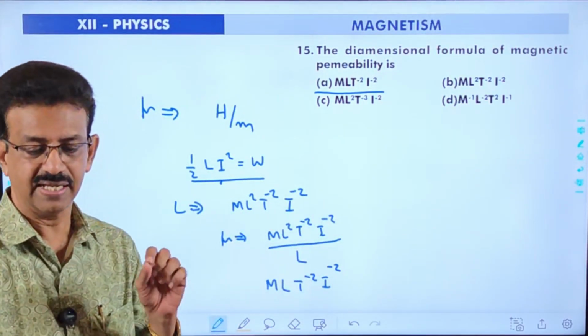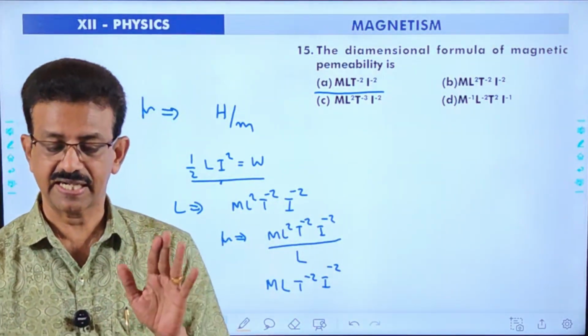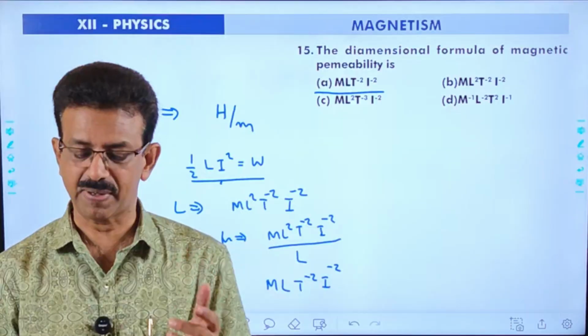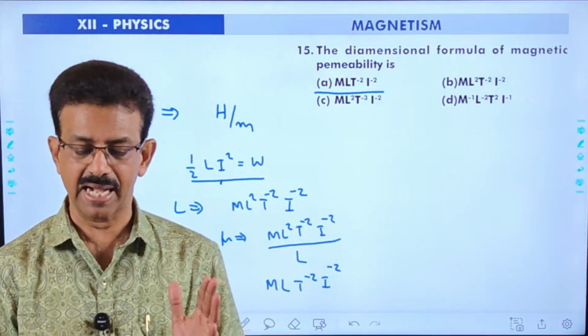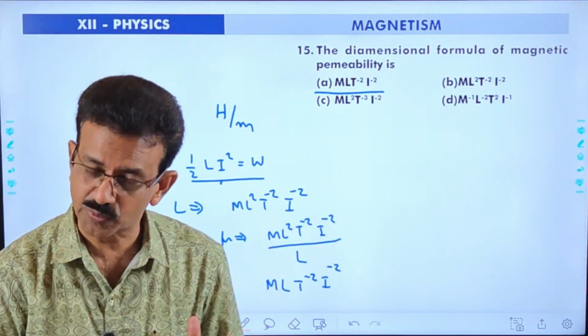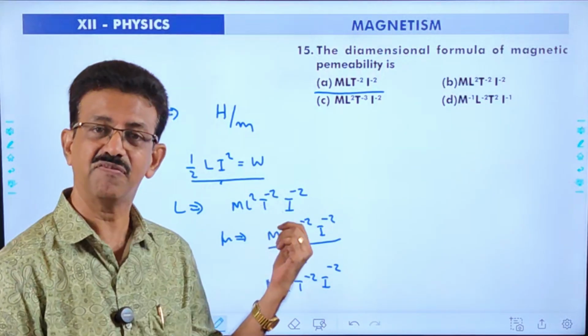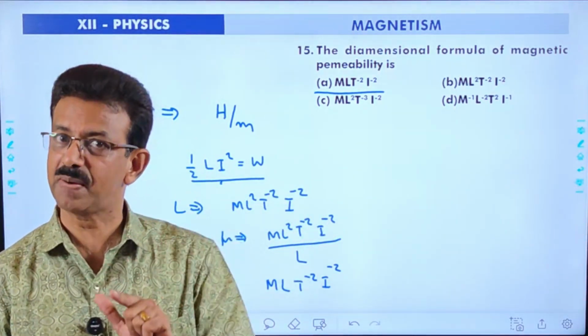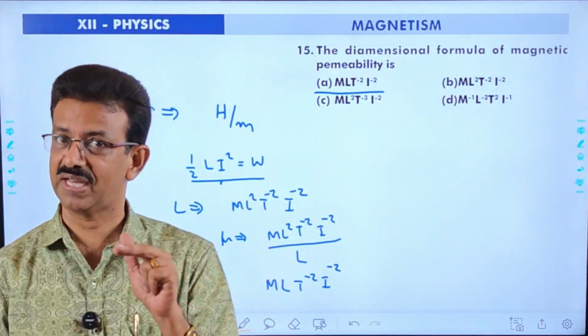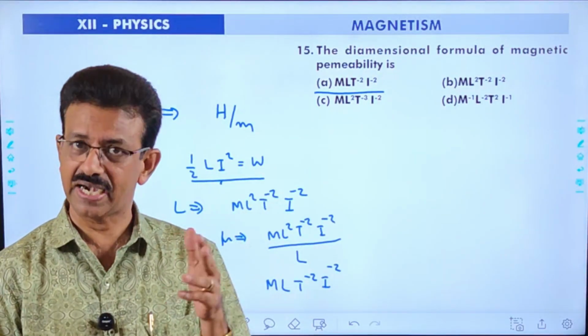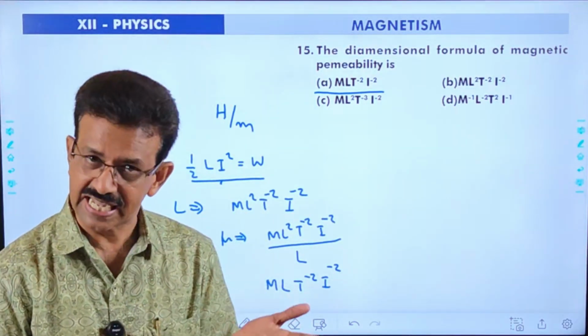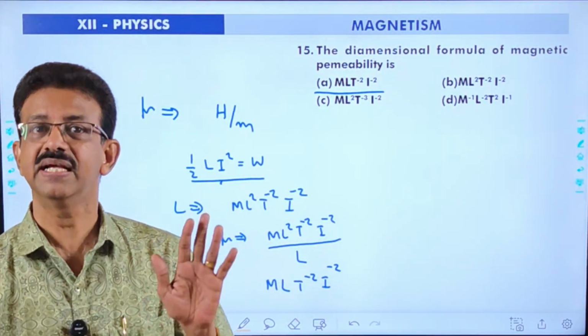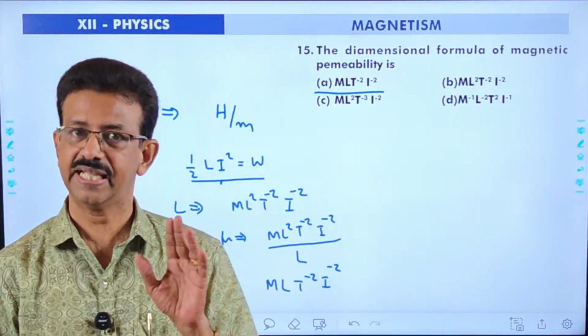A choice is the correct answer. That is, the dimensional formula of magnetic permeability is M L T raised to minus 2 I raised to minus 2, and it is derived from its unit Henry per meter. Henry is the unit of inductance. We identified the dimensions of inductance, then divided by length. Therefore, the answer is A choice.